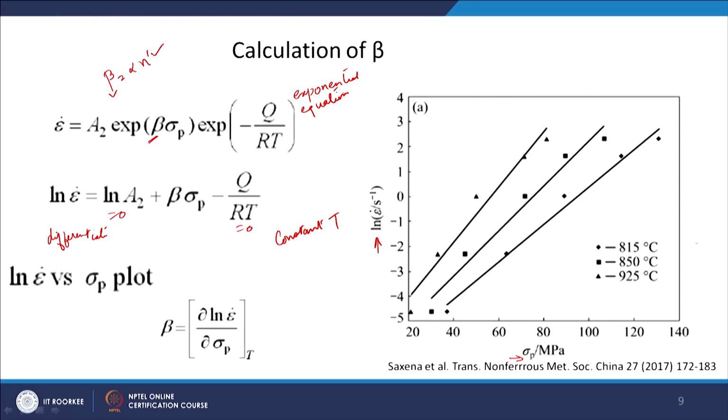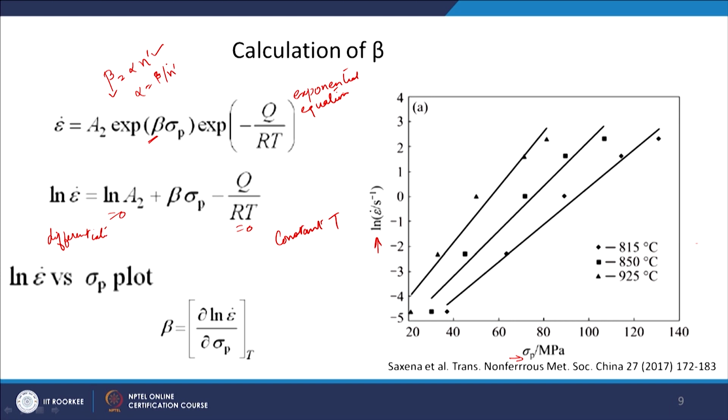Now, we will do the calculation of n. You can see that I have got the alpha parameter here, because I know beta and I know n prime. Alpha will be simply equal to beta upon n prime, so alpha is automatically calculated once I know these two parameters, beta and n prime.